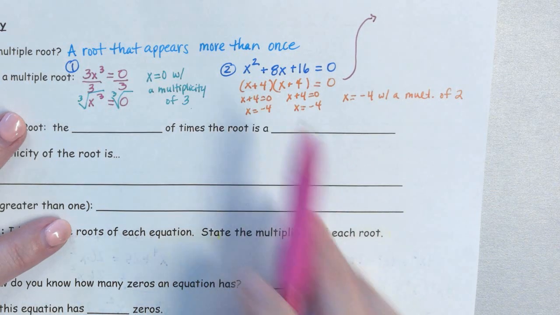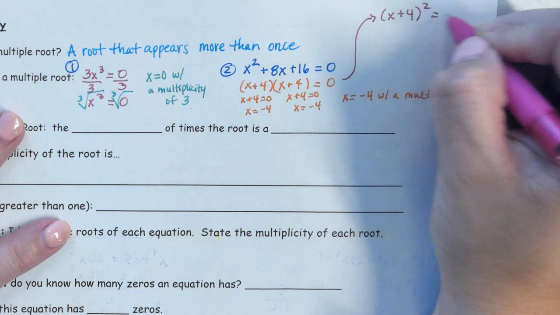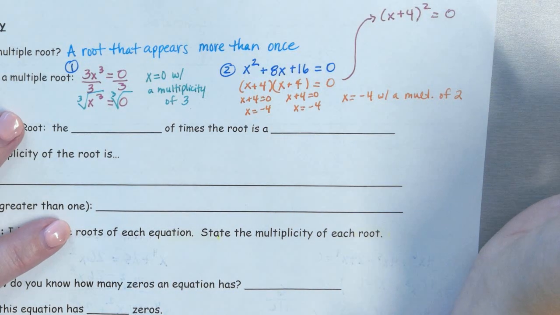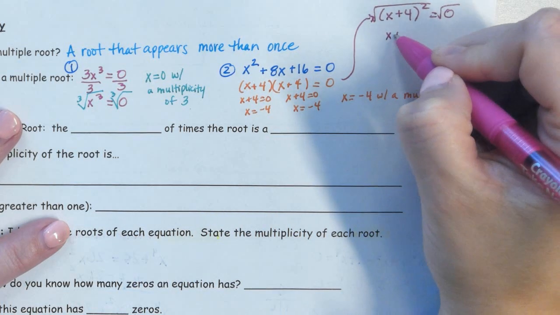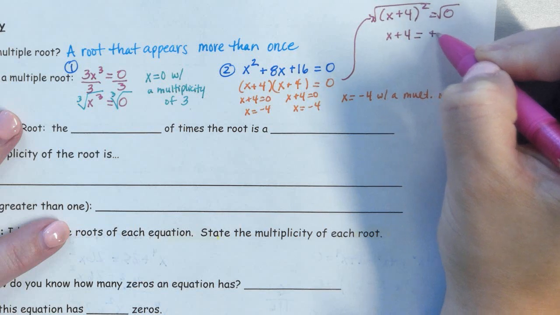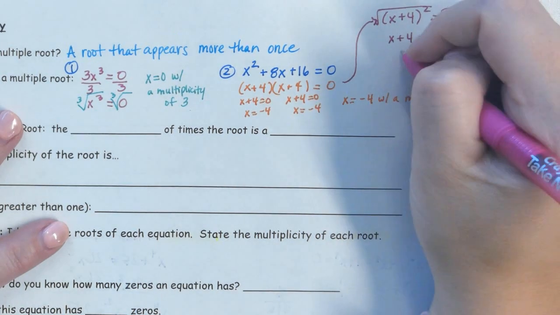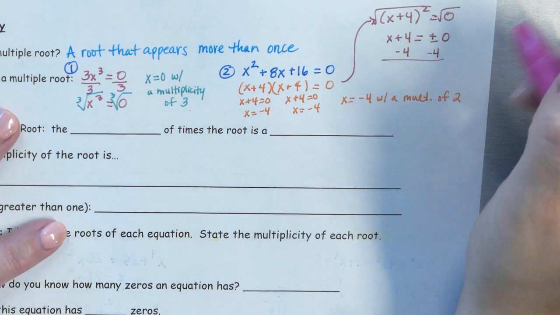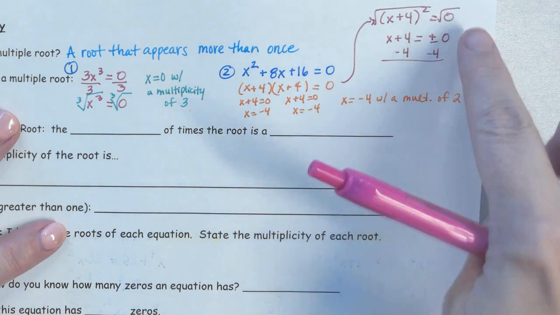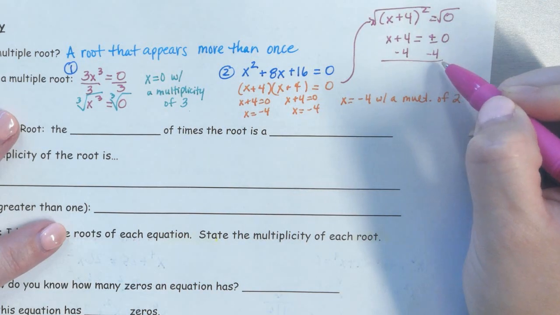You could also think of this as x plus 4 squared, right? Remember we did this a lot? Take the square root of both sides. What you have to remember here is because you have the plus or minus, even though it does not affect the 0, you would have 0 minus 4 and negative 0 minus 4.